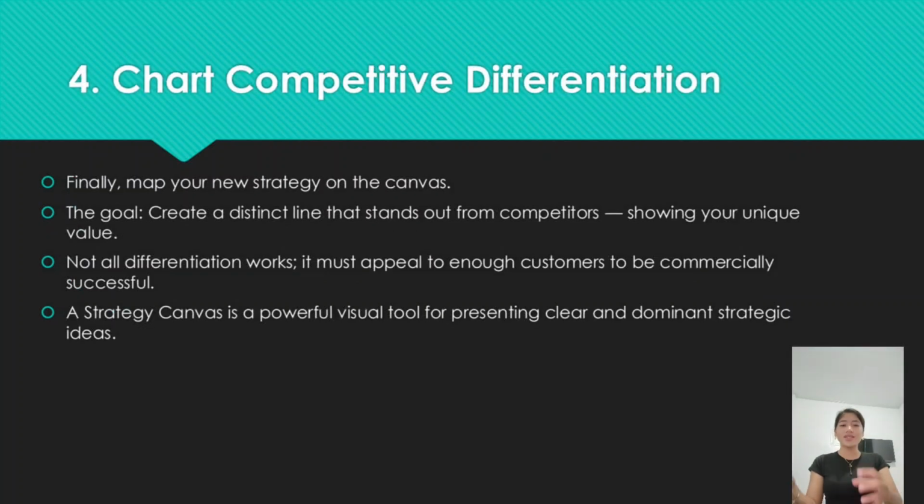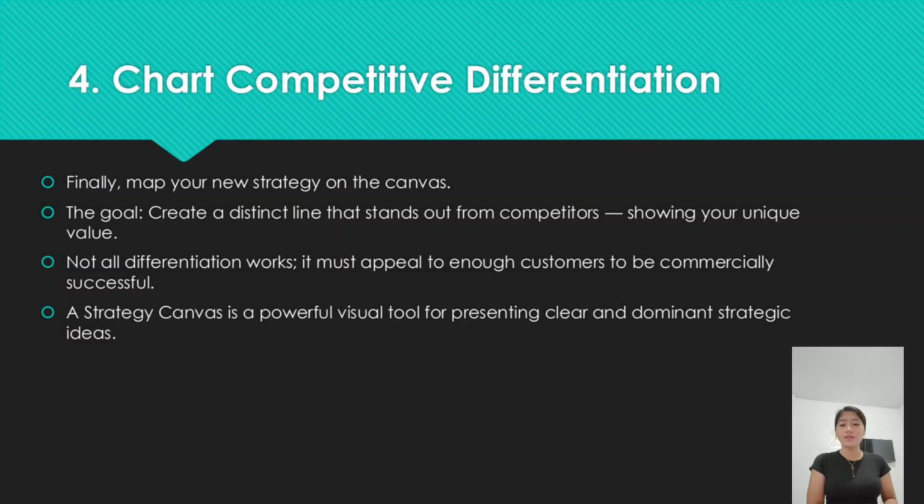Next is the chart of competitive differentiation. After analyzing everything, you create your own unique strategy line on the strategy canvas. This line should look different from competitors. It represents what makes your business stand out.